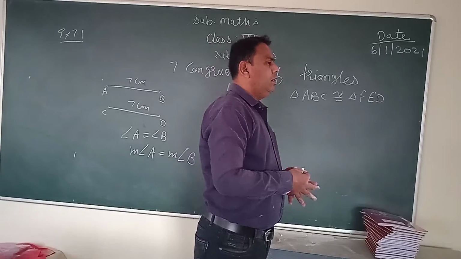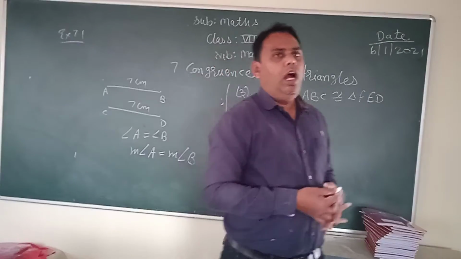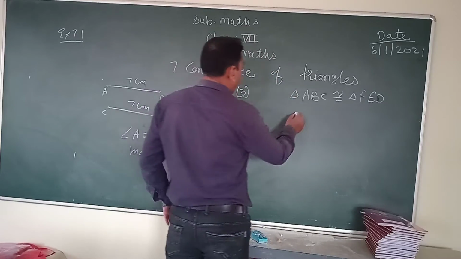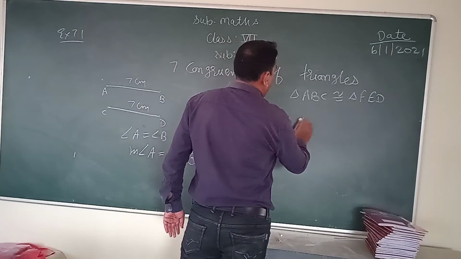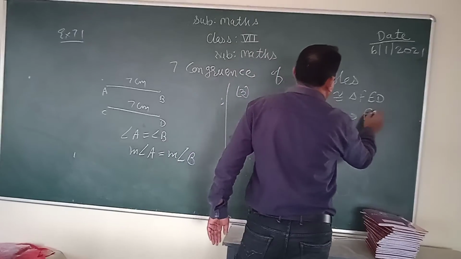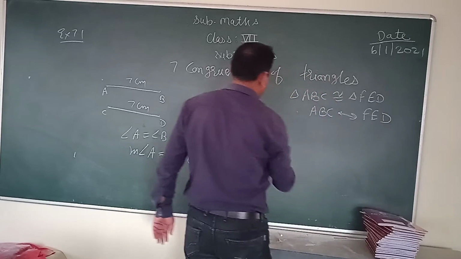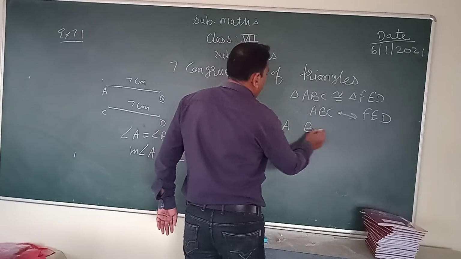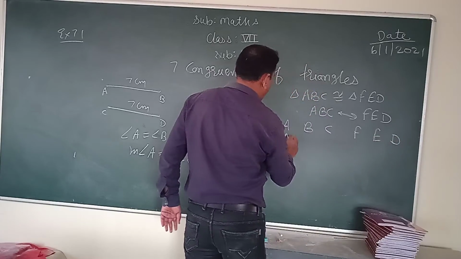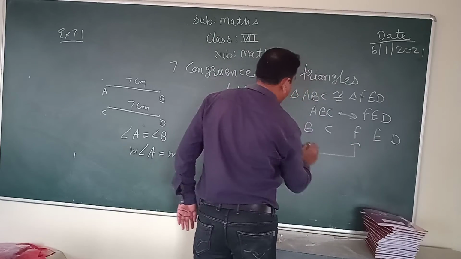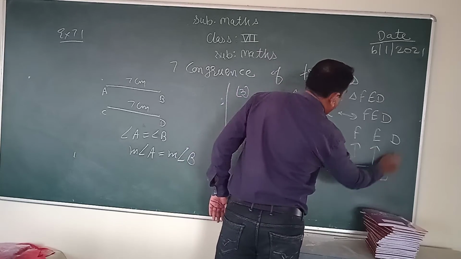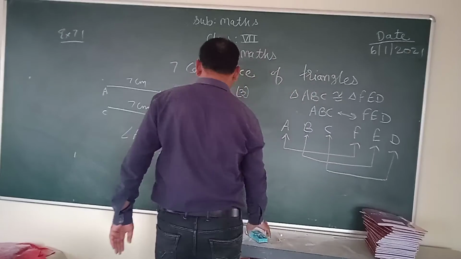Means you have to write here the corresponding angles and the corresponding sides here. Here ABC corresponds to FED. So we write here A B C, F E D. A corresponds to F, B corresponds to E, and C corresponds to D here.